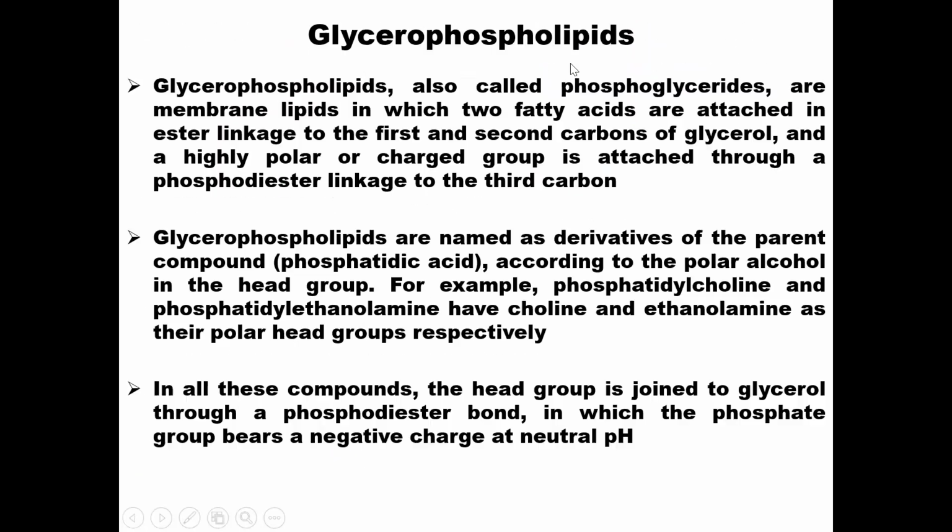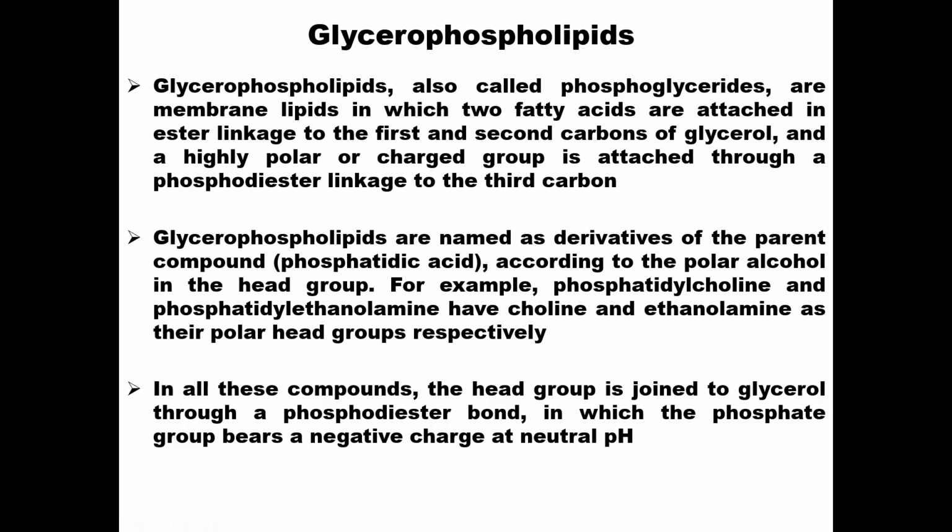So when that happens, you have attachment of the fatty acid in ester linkage to the first and second carbon of the glycerol, and a highly polar charged group is attached through a phosphodiester linkage. In the case of the phosphatidic acid, right, you have first and second carbon fatty acids attached in ester linkage, and on the third carbon you have what?